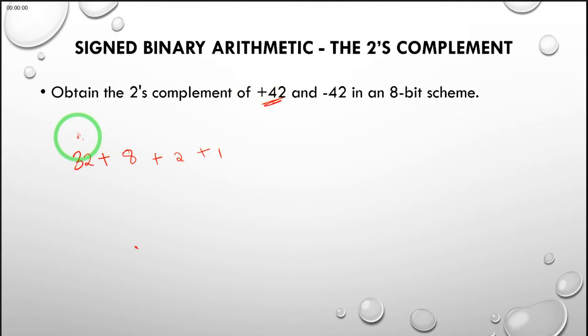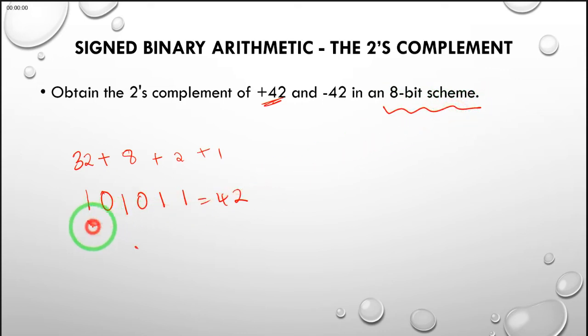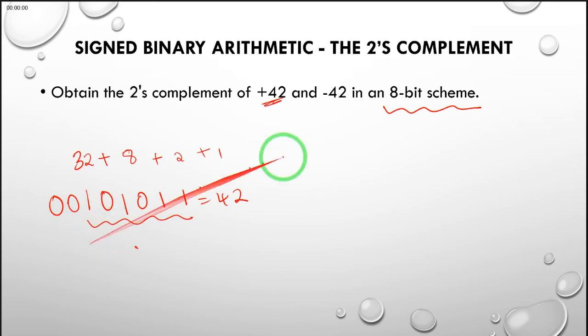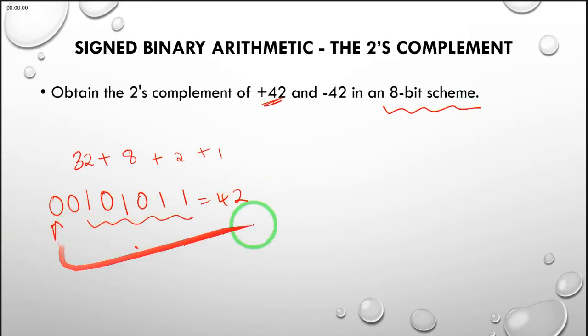This becomes equivalent to 1, 16 is not represented, therefore 0, 1, 4 is not represented, then 2 and 1. This is our 42. Therefore, if you had used the 8-bit scheme, we count that these are 6 bits. What we need to do is to precede these 6 bits with 2 zeros, and the 8th one, which is the most significant bit, will need to be 0.